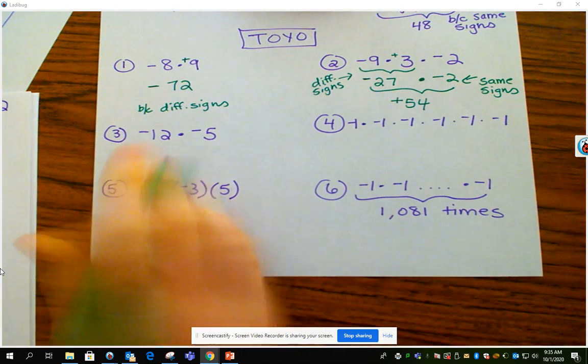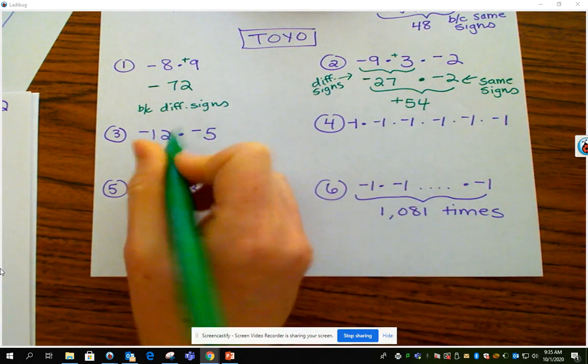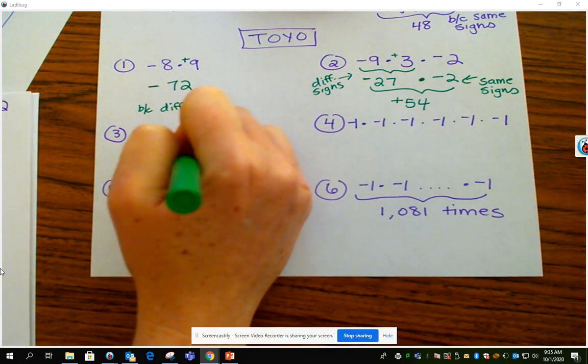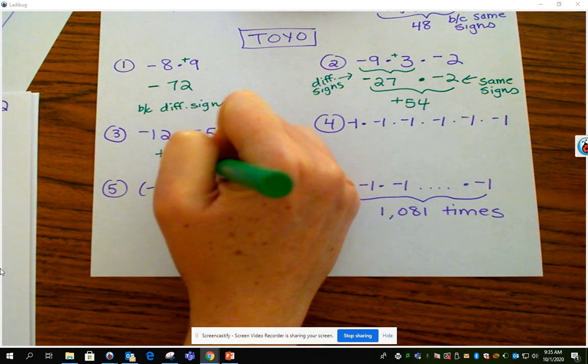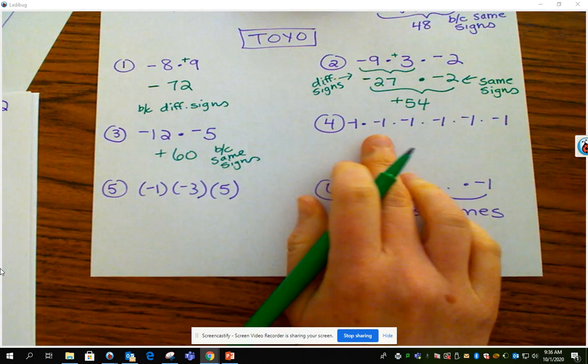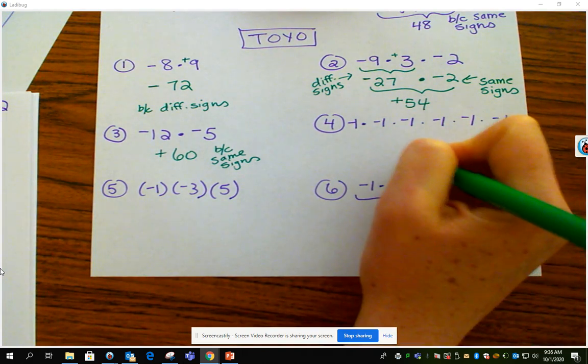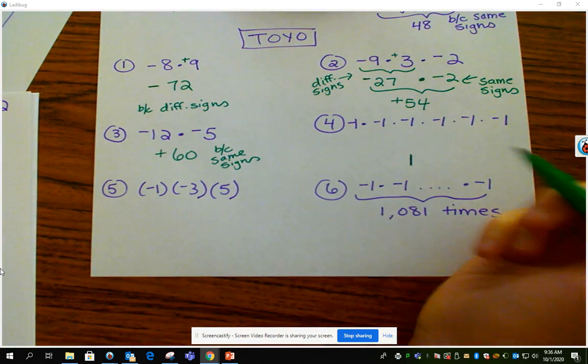Okay, here we've got same sign. Same sign gives me a positive answer. 12 times 5 is 60. Okay, now this one, we know 1 times 1 times 1 times 1 is 1. So we know the number is going to be 1. Now we have to figure out positive or negative.